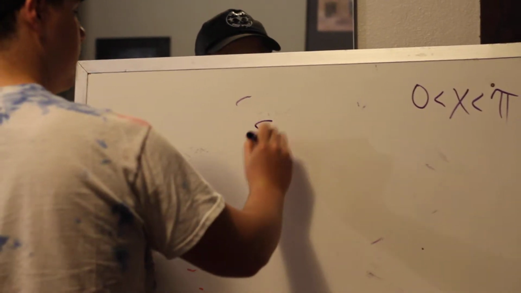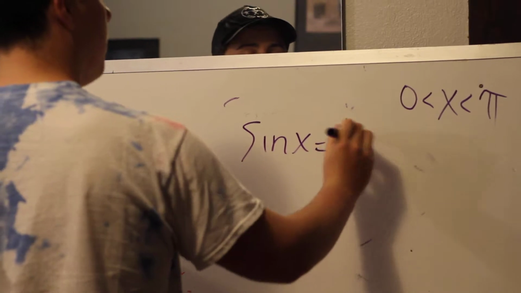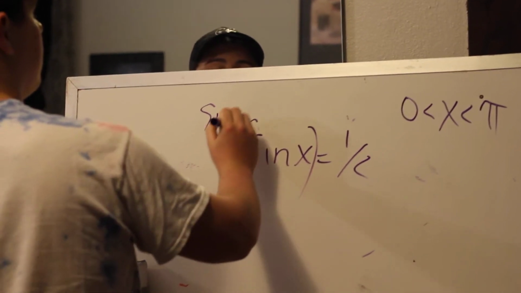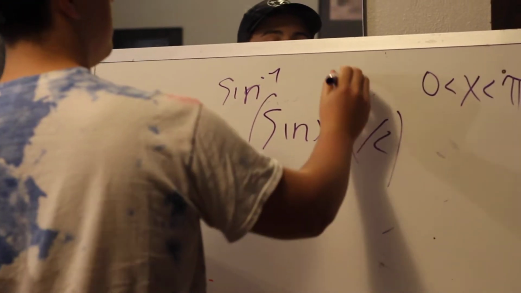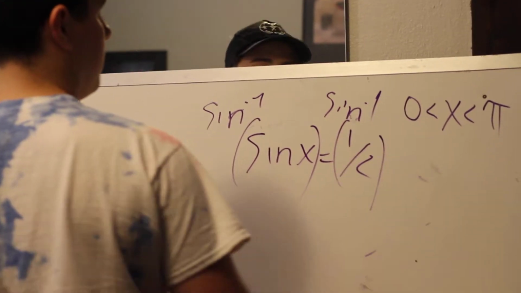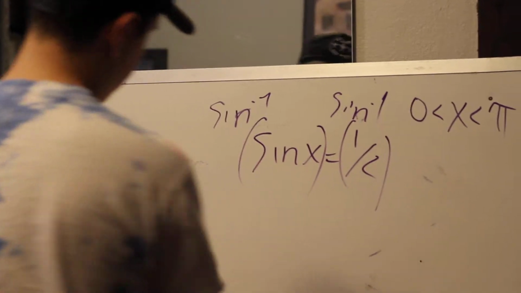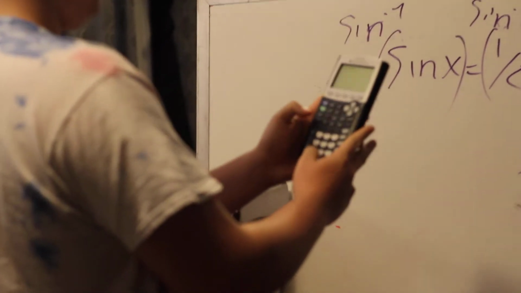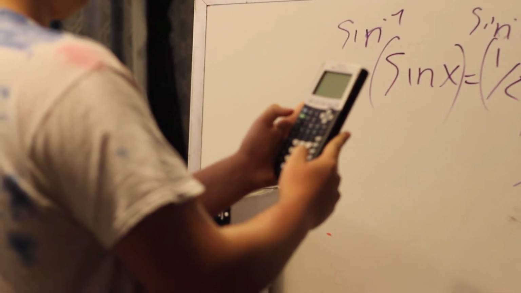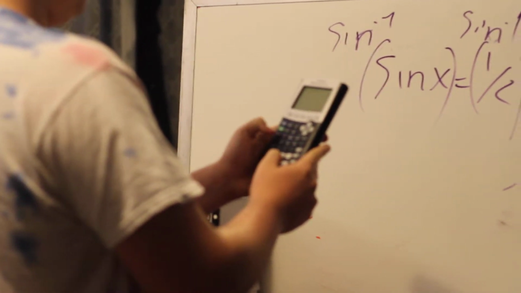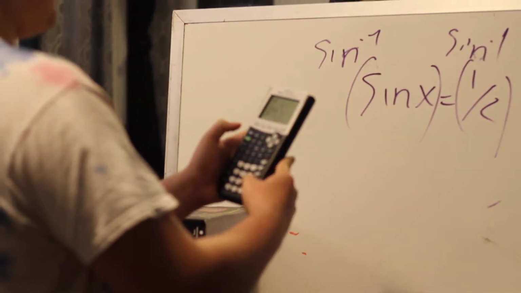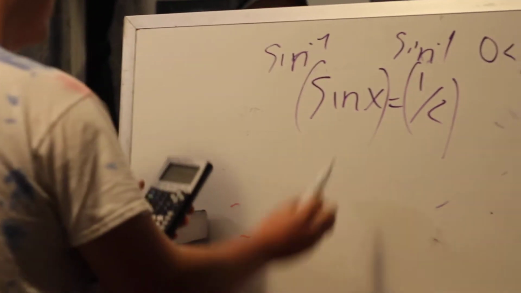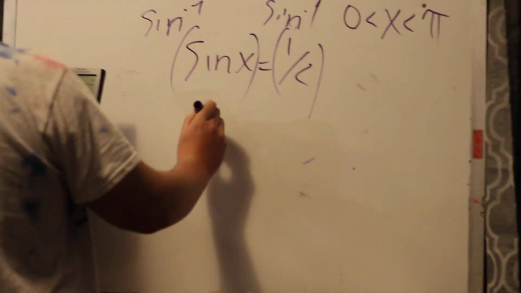As I said, sine of x equals 1/2, and this is how we check. We take the inverse sine of 0.5, making sure the mode is in radians. We get 0.523.